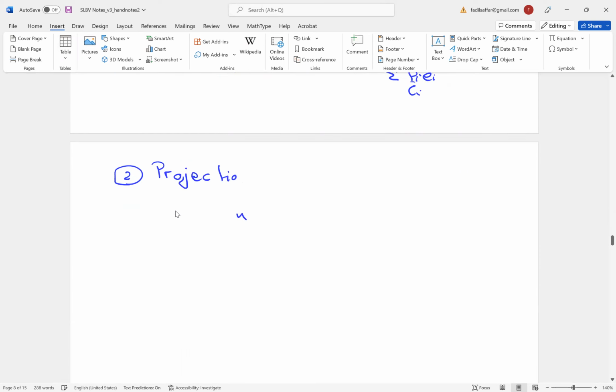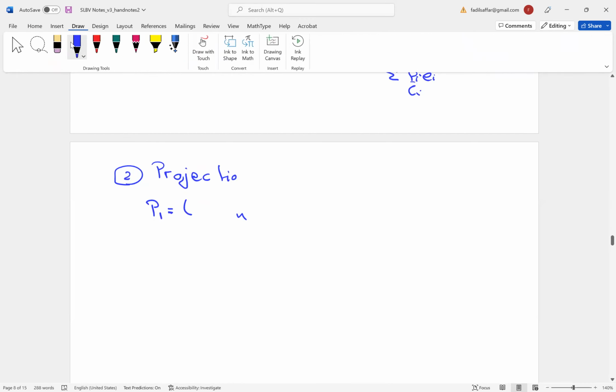Let me call it P1, which is t on u, equal to t with u divided by its length.